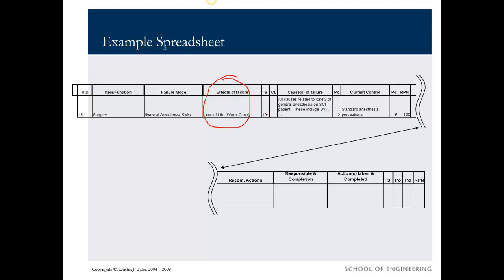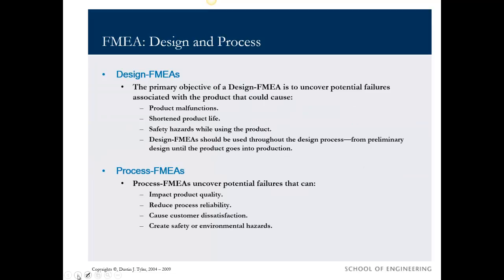Effects of the failures, the loss of life, current control, the standard anesthesia precautions, and we have all the different parameters here. So we're not going to go into detail because this is something, rather than just listening to me and watching me, you want to work on yourself and work through all the columns and ask yourself, what do I put in those columns?